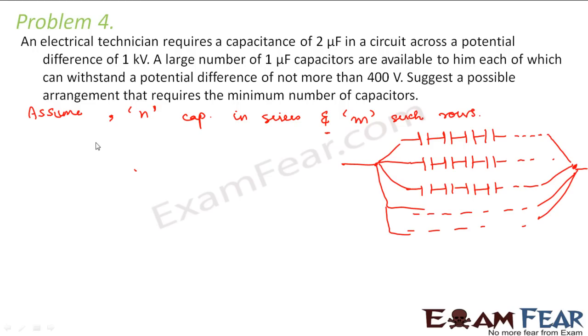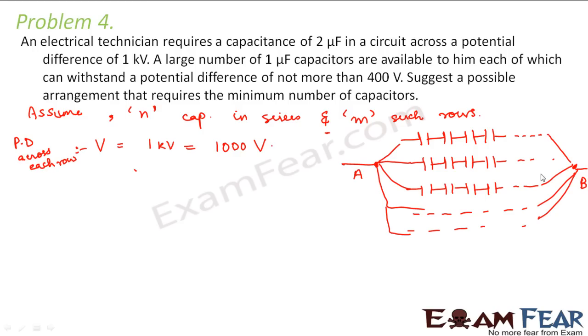My desired potential difference along this circuit is 1 kilovolt, that is 1000 volts. So this is the potential difference between points A and B, right? Now, this is the potential difference across each row, right?